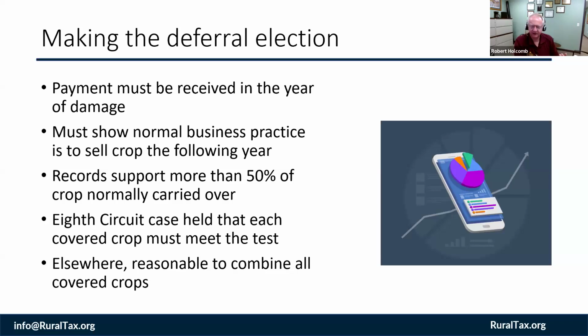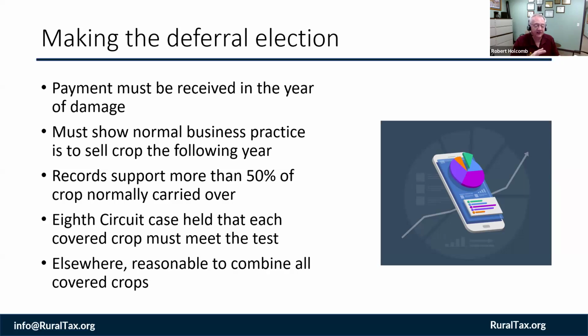If you're in the middle of the 2024 crop year, you have damage, and you get a crop insurance payment, if you receive the payment in 2024, that's what this requirement is. If the payment happens to show up in 2025, then deferral is not an option because it's already in the next year. You need to show under normal business practices that you would sell the crop the following year.